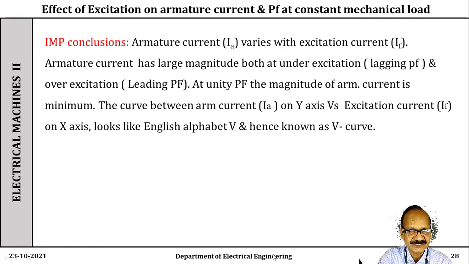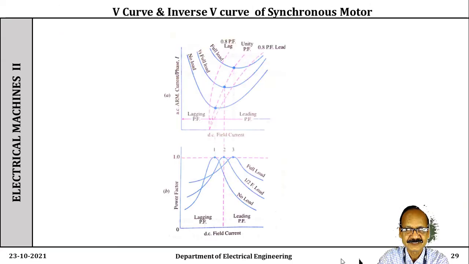Further, it has been observed that when the excitation is low, the power factor is lagging and the magnitude of the armature current is large. At a certain excitation, the armature current becomes minimum.